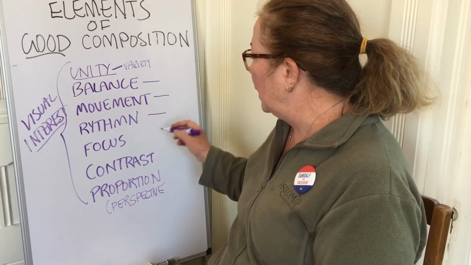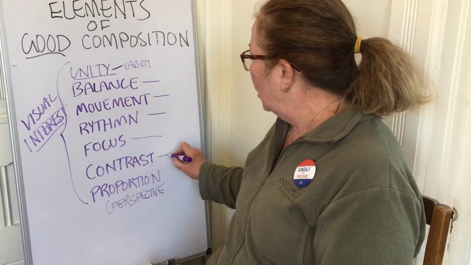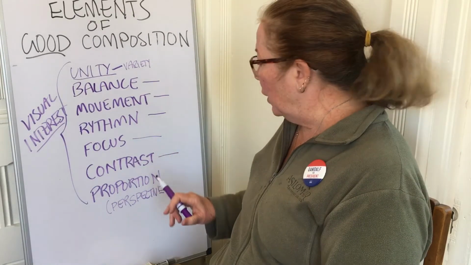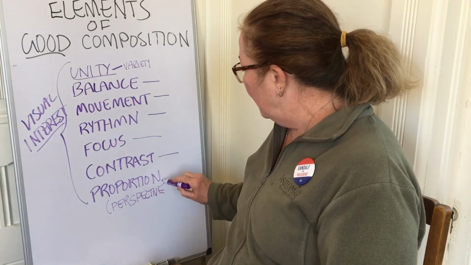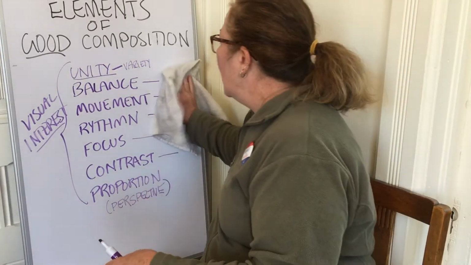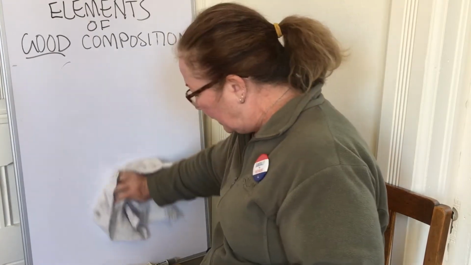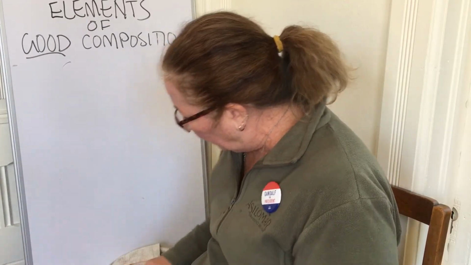So repetition, focus, right? That your subject is in sharp focus. Contrast, light against dark and dark against light, and proportion, or we're going to talk about it as perspective, okay? Because that's one of the ways that we can show 3 dimensions in a 2-dimensional work.